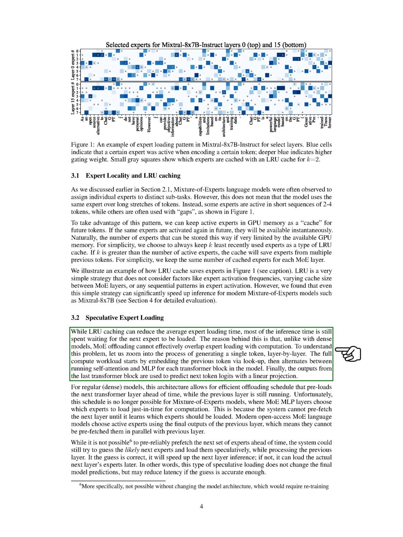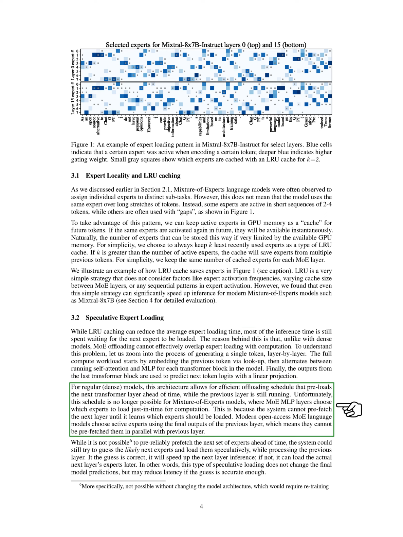To understand this, let's break down the process of generating a single token in a model. It starts by embedding the previous token, then alternates between running self-attention and a multilayer perceptron, MLP, for each transformer block in the model. The outputs from the last transformer block are then used to predict the next token. In regular models, this architecture allows for an efficient offloading schedule that preloads the next transformer layer while the previous layer is still running.